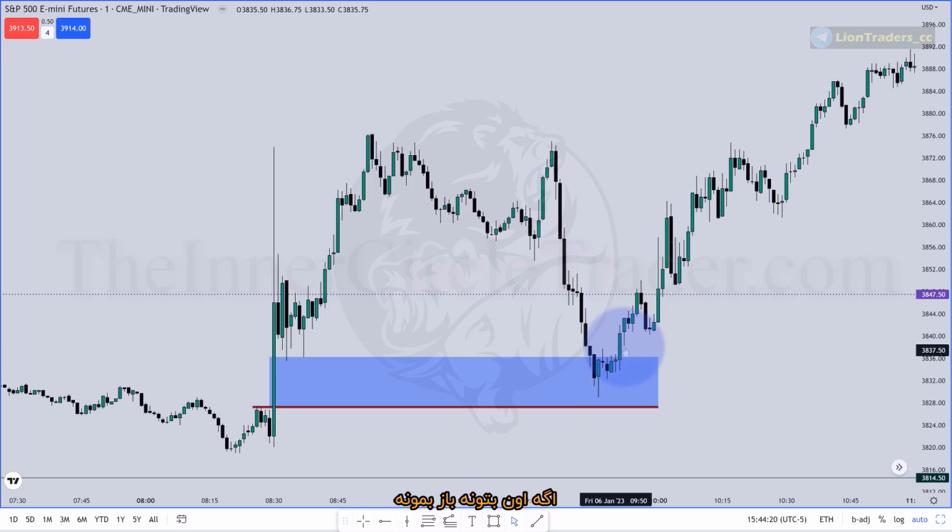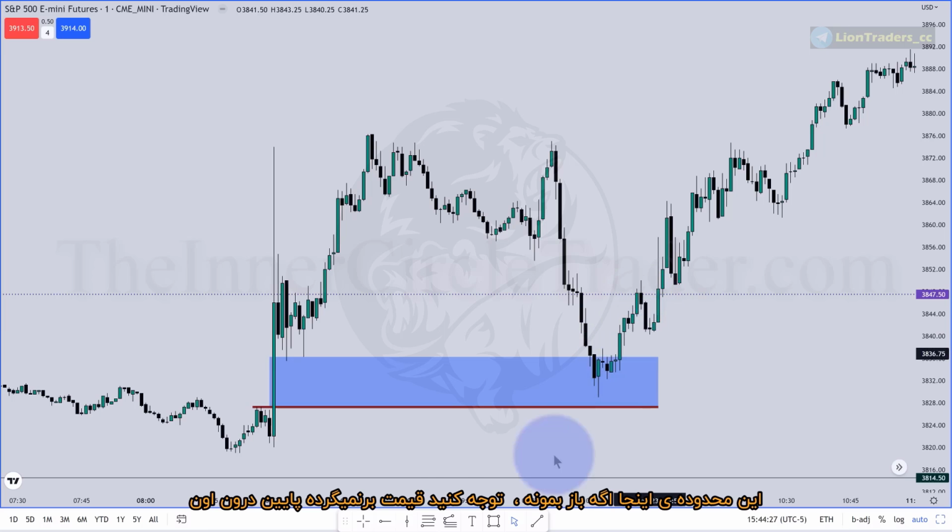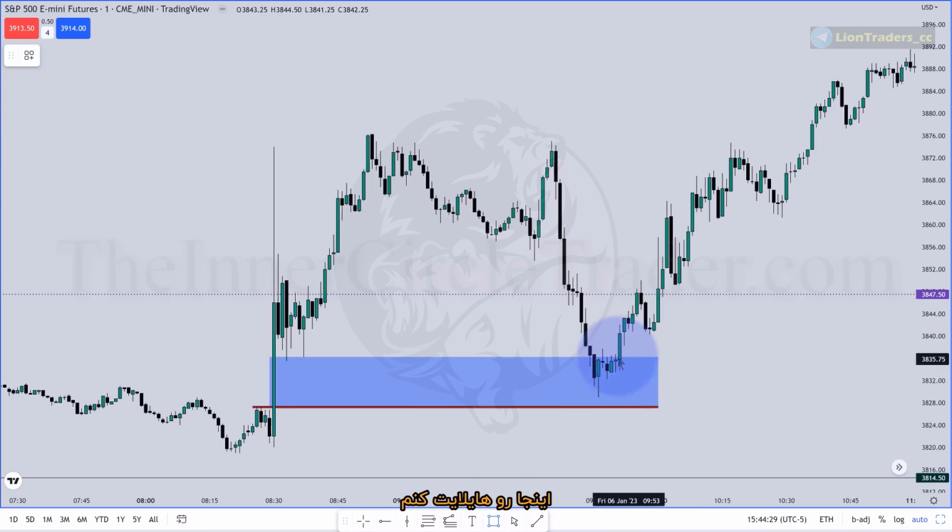If that can stay open, and this is what I was going to get at, this area here, if that stays open, in other words, it doesn't trade back down into it. Let me highlight it here.